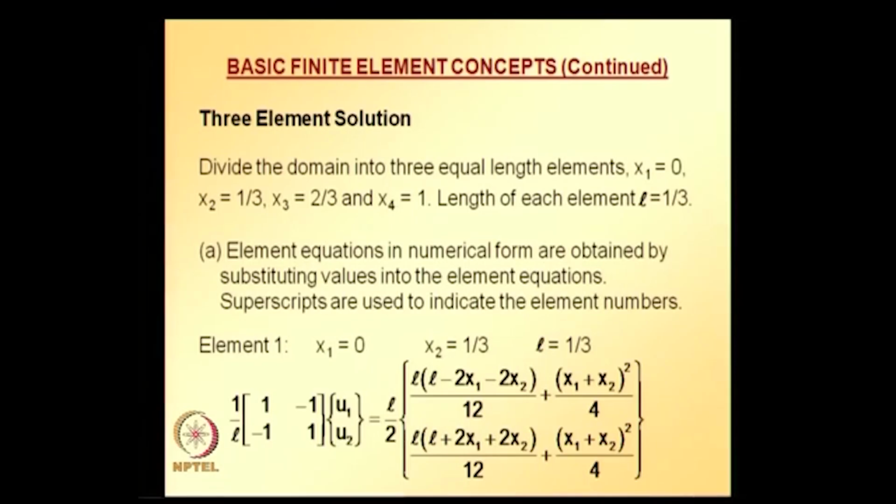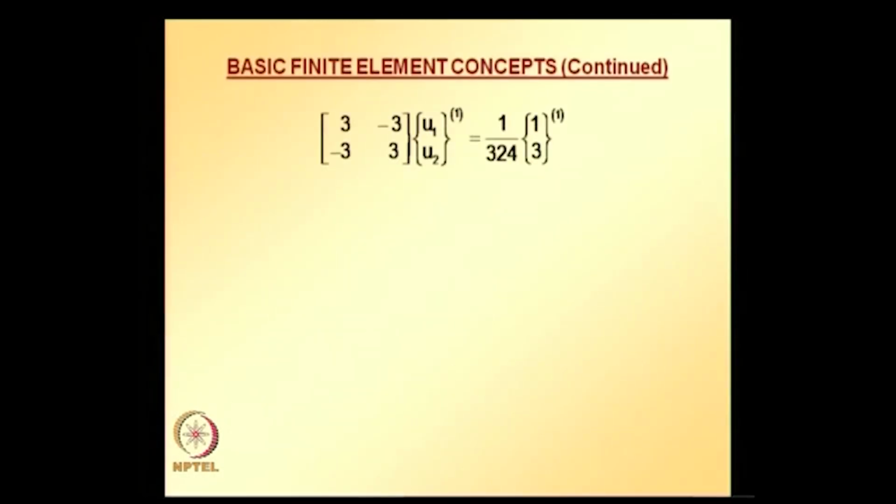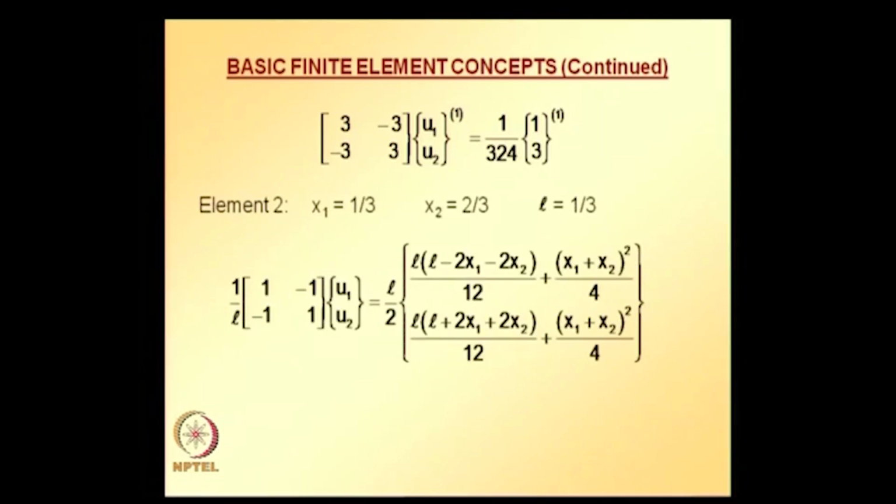So, the equation system for elements without boundary condition is reproduced here. In this you can substitute what is x1, x2, L, that results in element equations for element 1. Superscript indicates that it is for element 1. Similar exercise you can do for element 2.